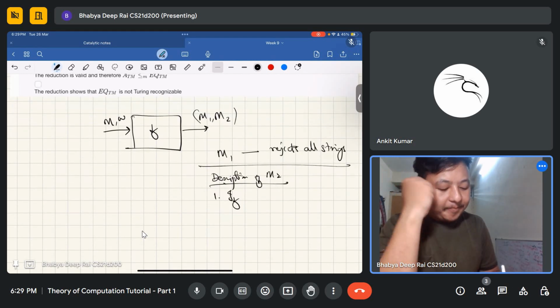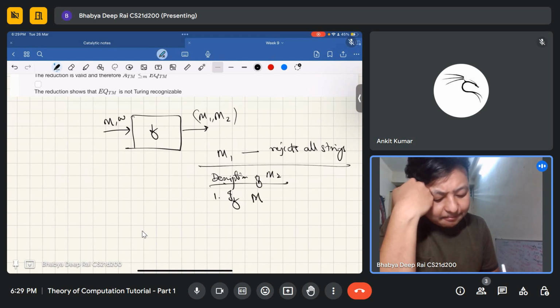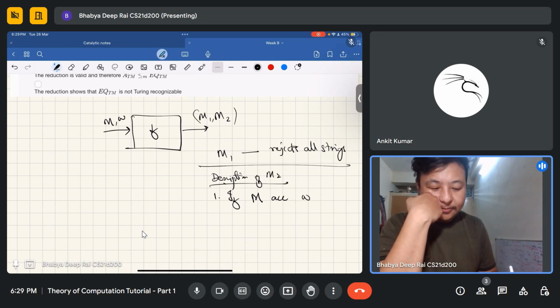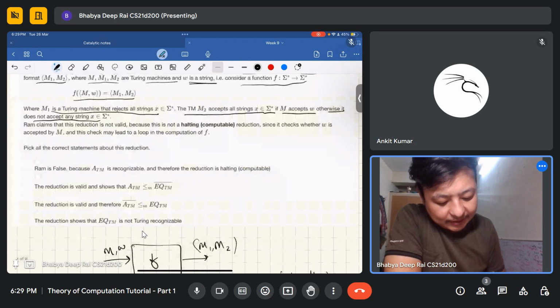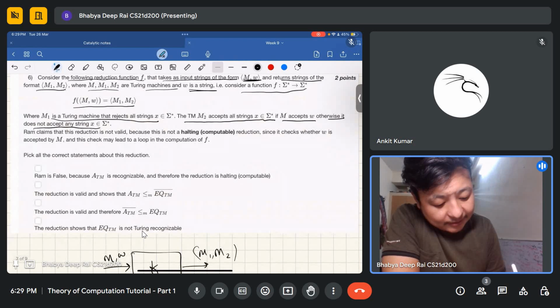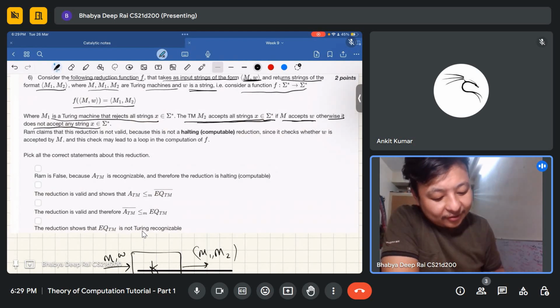If m accepts w, then what happens? M2 accepts all strings in sigma star.